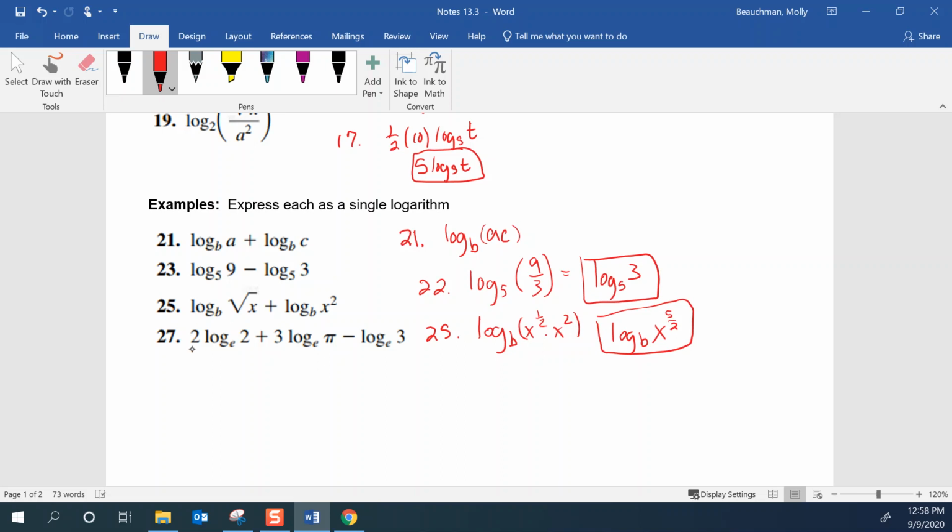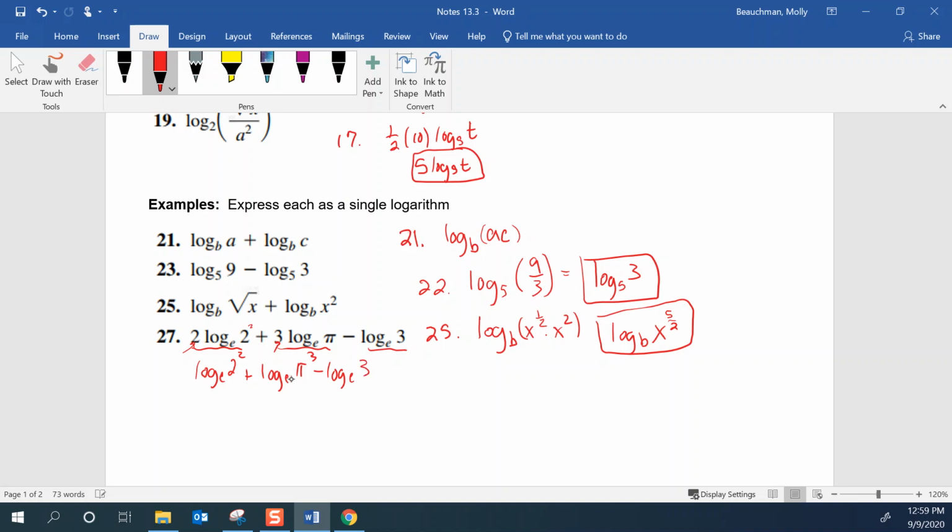Last, we have 3 expressions. So take care of the power rule first. Whenever you see items multiplied in the front, rewrite those as powers first. So we have log base e of 2 squared by taking the 2 and writing it up here, plus log base e of pi cubed minus log base e of 3.